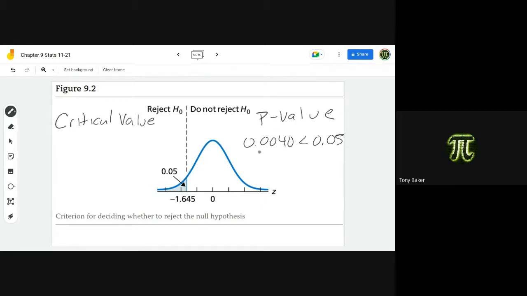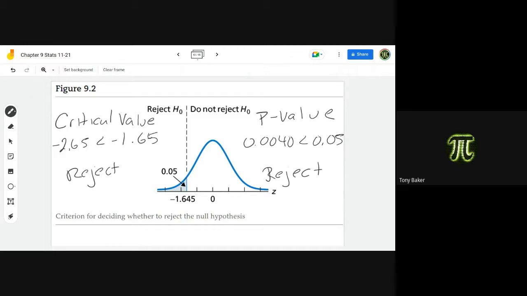So my p, the percent, is less than my significance level, which is 5%. So I reject. For the critical value, I compared the 2.65 to the negative 1.64 for 5%, which I also reject. So they're both the exact same thing.